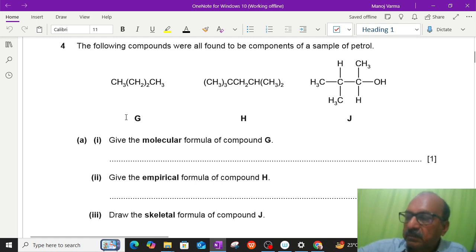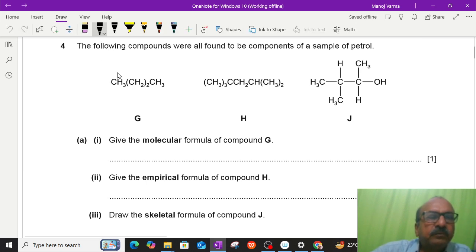Molecular formula means that you have to write down the number of atoms of different elements present in the compound. Now if you look at this formula, how many carbons? CH2 twice means that there is a CH3, then a CH2 and again a CH2 and then a CH3.